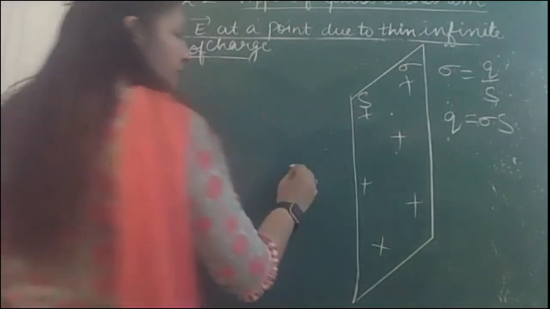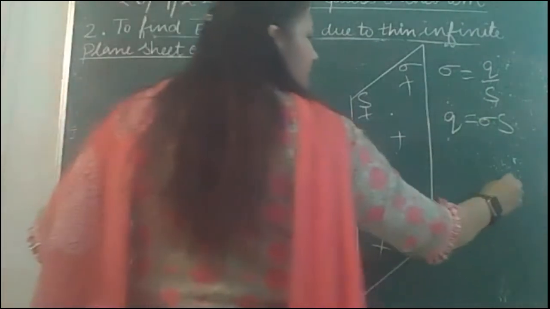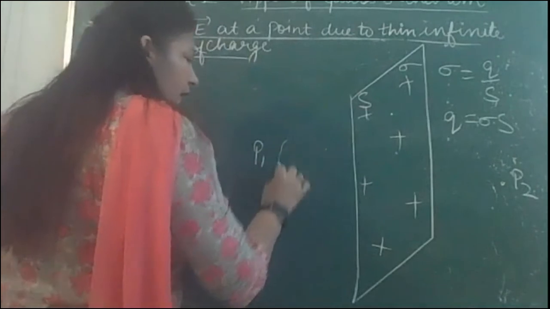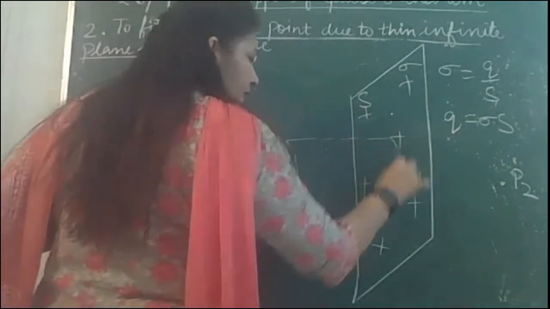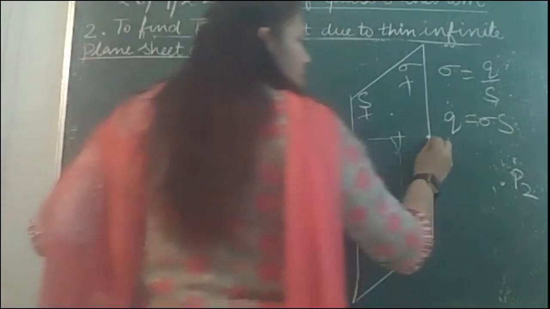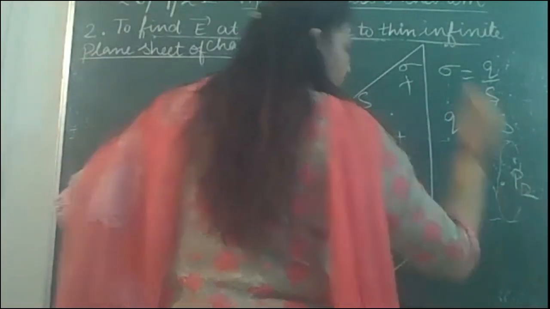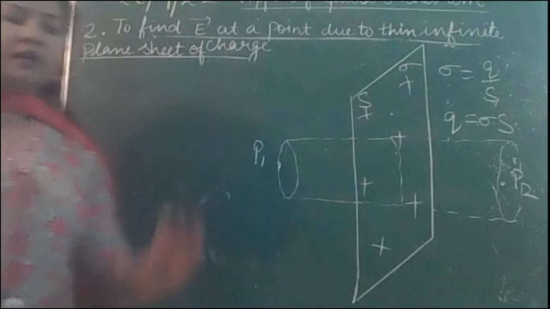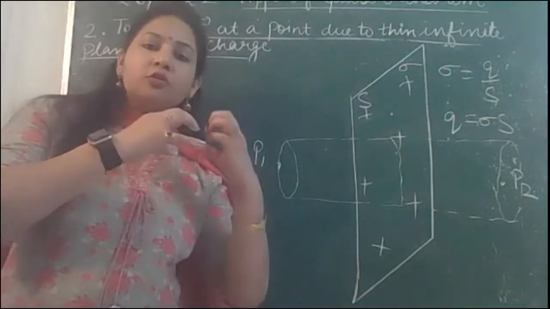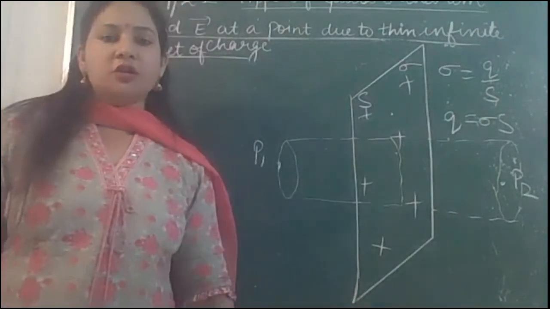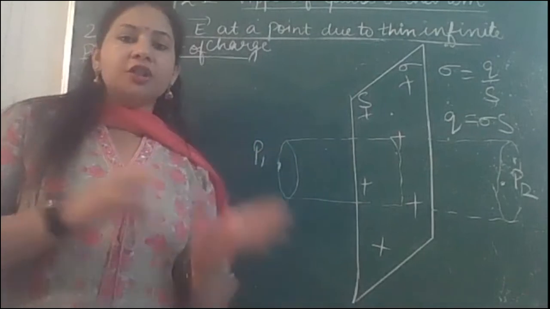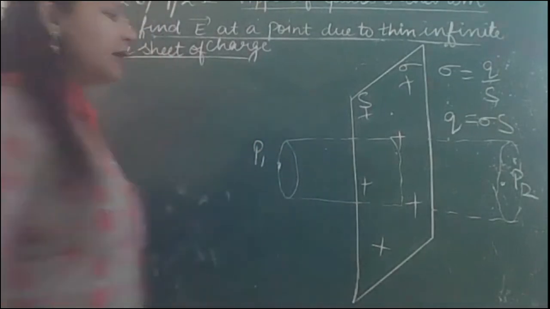So I have 2 points of observation, P1 and P2 here. And what kind of surface can I imagine that is perpendicular and passing through my points of observation? You can imagine a cylinder piercing through this plane sheet of charge. So this is again a Gaussian surface, but cylindrical in this case.